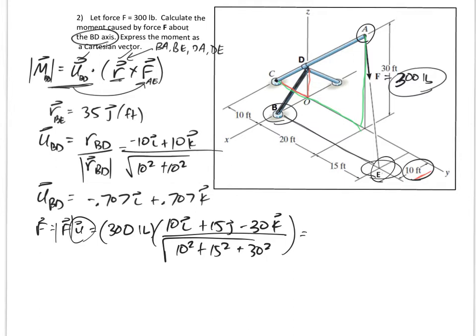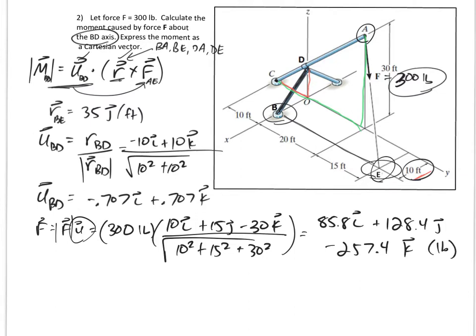So this would be the F, written in IJK form: 85.8I plus 128.4J minus 257.4K. That's a force. I multiplied a force times a unitless unit vector, so it is still in pounds.